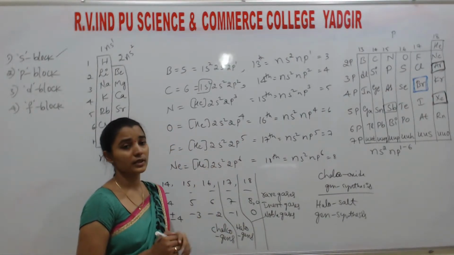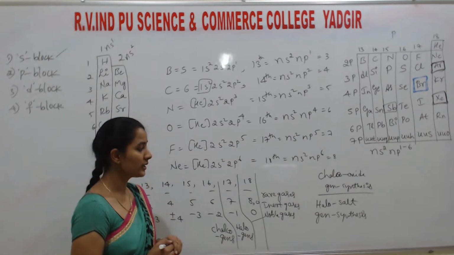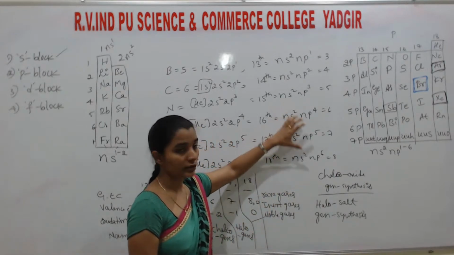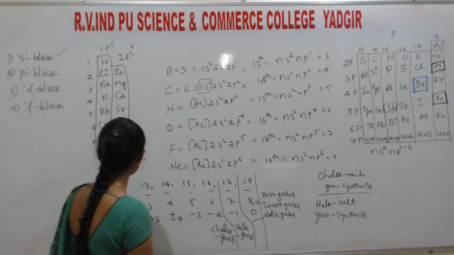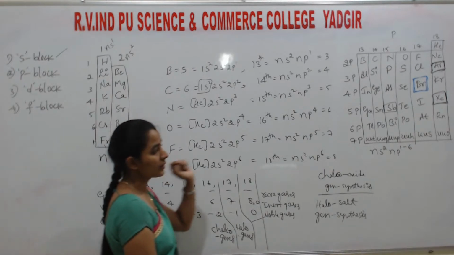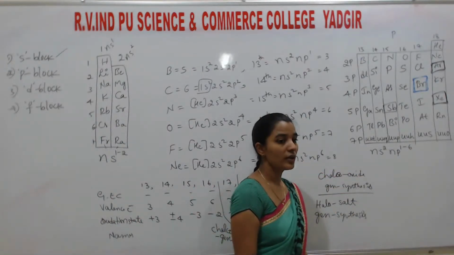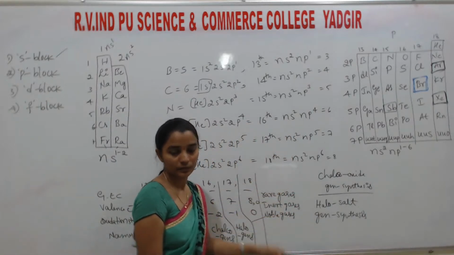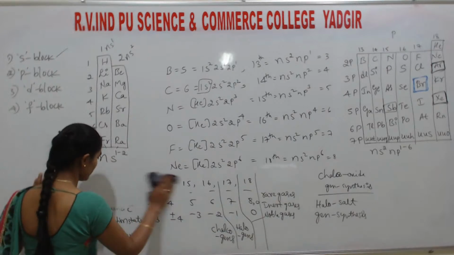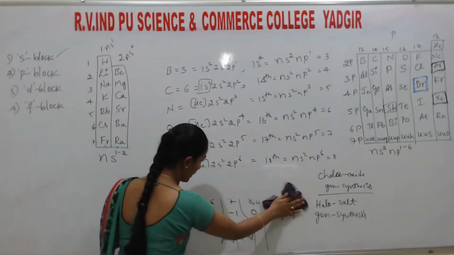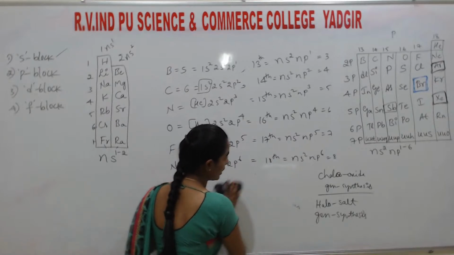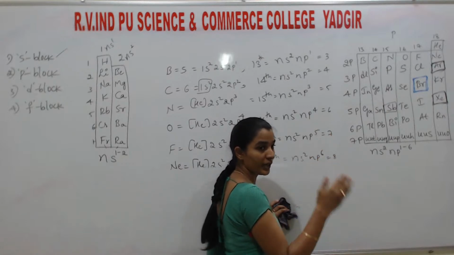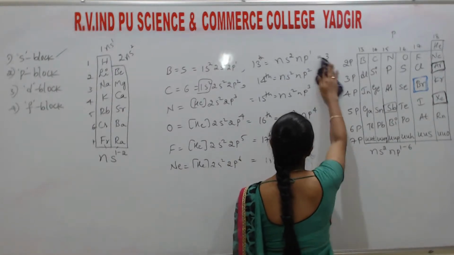S and p block elements are called main block elements because they decide the valence electrons of the configuration. So this is the general electronic configuration of the s block. This is the general electronic configuration of the p block. So the next one is the d block element. So students, these s and p block elements we are going to study in a group manner, like first group, second group, 13th group, like that. And remember one thing.